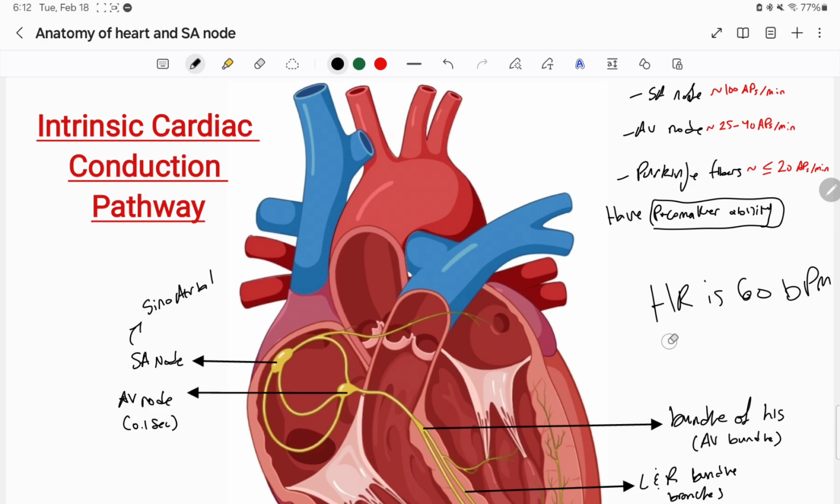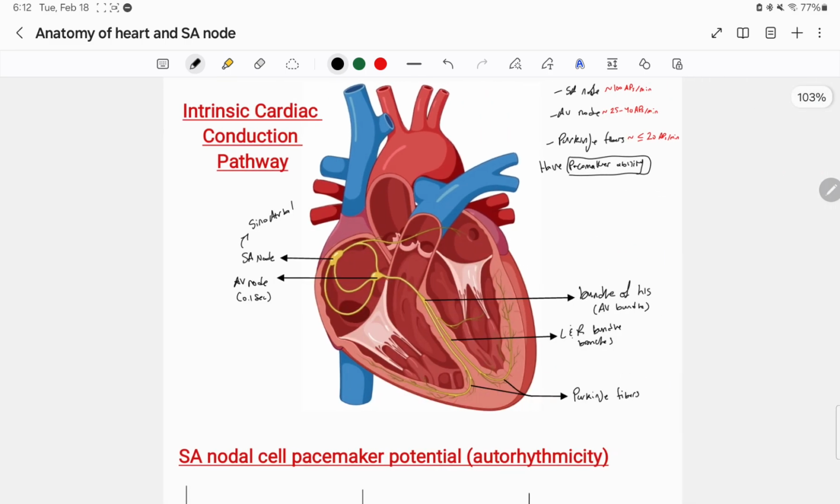And at rest, the nervous system that is doing that is called the parasympathetic nervous system. Remember that? It's called the rest and digest system. So at rest, you don't need your heart rate to be high. Why would you? So what you would do is actively suppress it. You would bring it down to 60 beats per minute. But let's say a bear walks in, your sympathetic nervous system, your fight or flight, kicks in and actively ramps up your heart rate. Okay? Awesome.